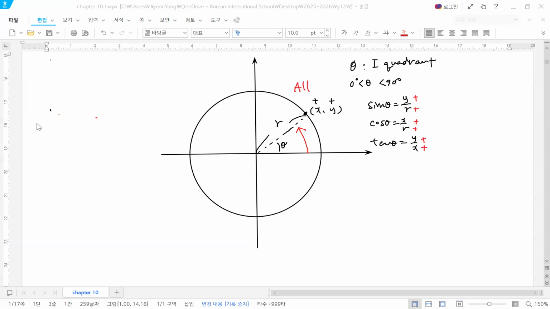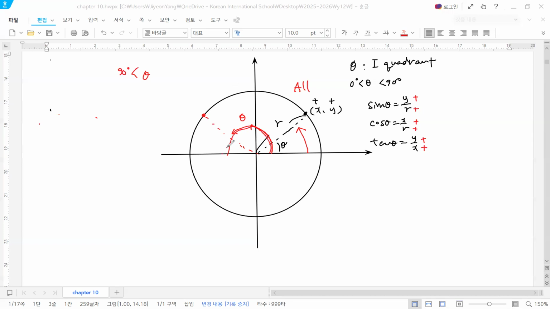Let's move to the second quadrant. Again, the theta is measured from the right side of the x-axis, anti-clockwise. The value of theta should be more than 90 degrees and less than 180 degrees, right?